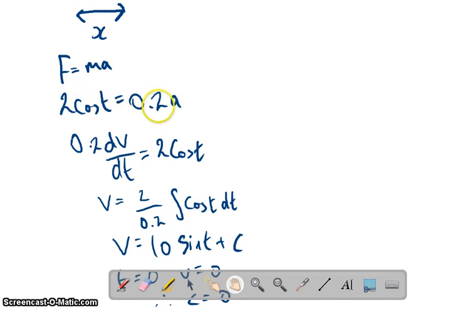Here's the force, here's the mass, here's the acceleration. So rearranging that, acceleration is dv by dt, and so we can work with this, and we now have that v is the integral of cos t dt, multiplied by this constant, which works out to be 10.